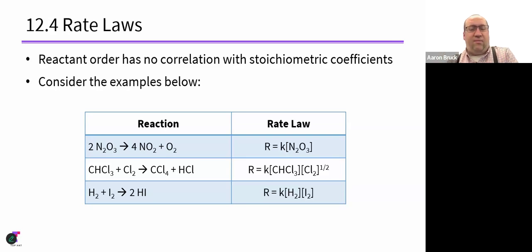But we can see here in the last reaction, hydrogen and iodine making hydrogen iodide, it is first order in each of those. When that kind of thing happens, it is more of a coincidence than it is an actual expression of normal reality.